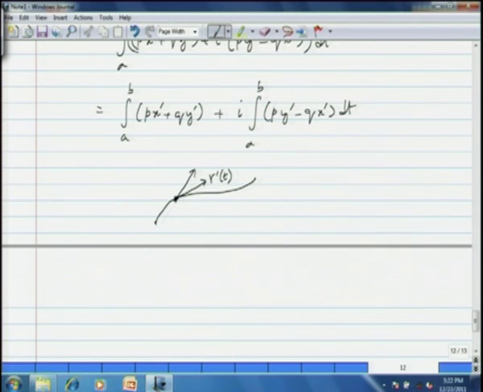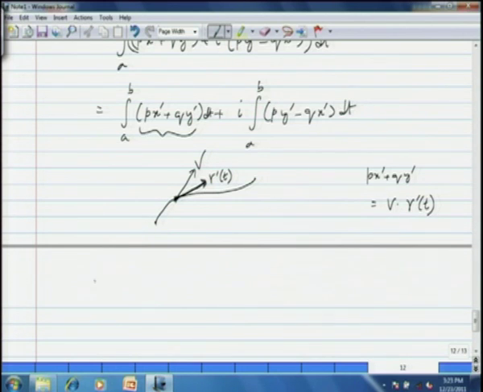Then you notice that the integrand here, I am sorry, this is dt here. The integrand in the first integral, p x prime plus q y prime, can be interpreted as the dot product of v with the tangent vector gamma prime of t. So, here is the velocity vector v, and v dot gamma prime of t is the first integrand.